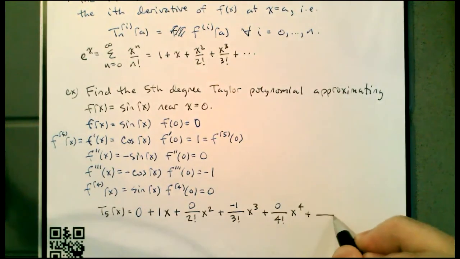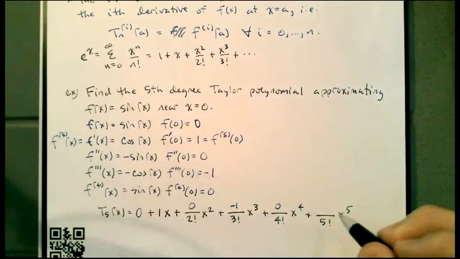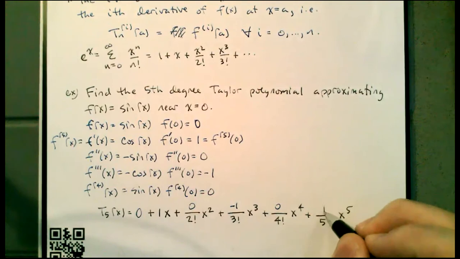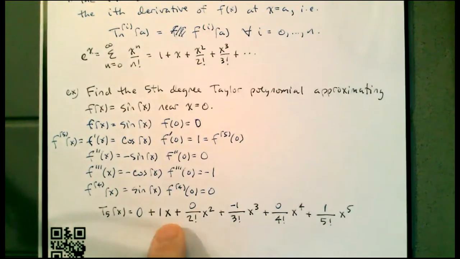And then the fifth degree term is back to being 1. So notice that I'm just filling in the numerators of my coefficients. The rest of it is just a form. And I'm just replacing the ith derivative at 0 with whatever the ith derivative is.